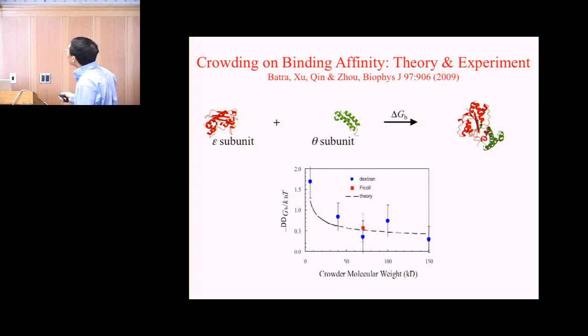There is enhancement by dextran as a crowding agent, and the amount of enhancement in binding affinity is different depending on different species of dextran. A higher molecular weight dextran has a smaller effect relative to a lower molecular weight dextran, for example.